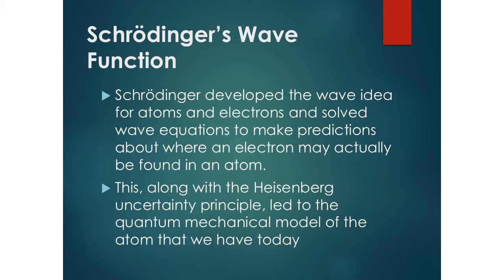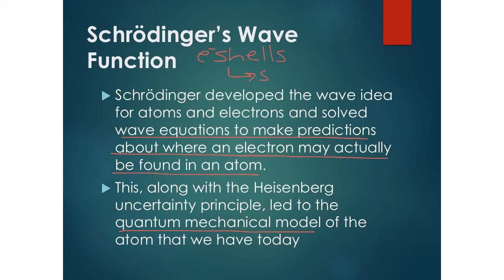Heisenberg's work then led to Schrodinger's work, where he did lots of calculations and solved equations, which led to predictions about where the electron actually can be found in the atom. Combined with the Heisenberg uncertainty principle, this led to the quantum mechanical model of the atom that we have today. We know that we have our electron shells, which were brought about in the Bohr model.